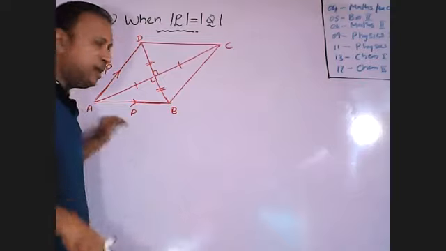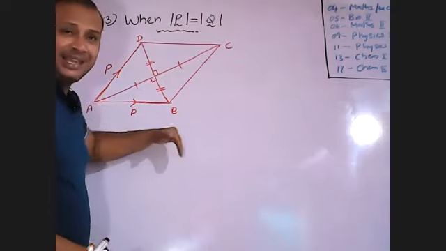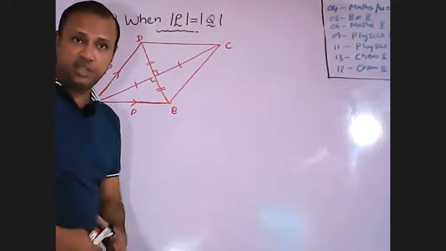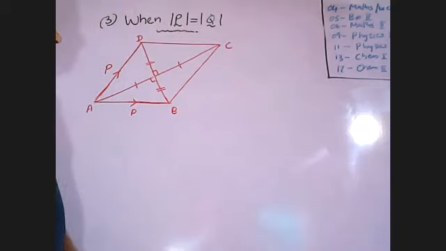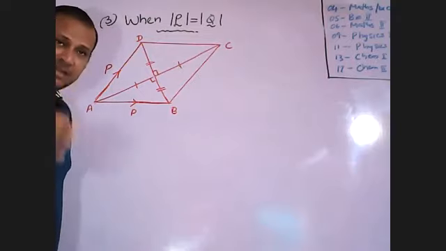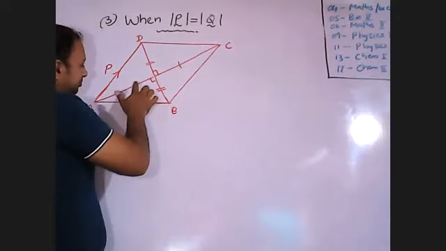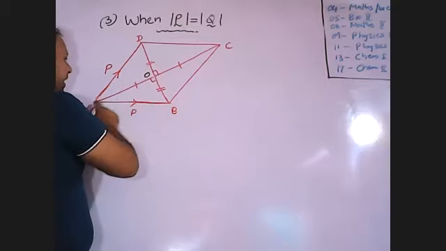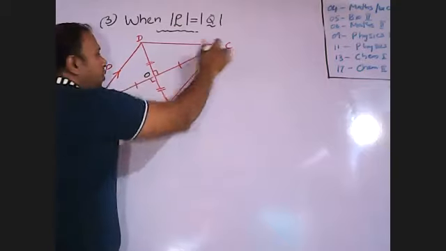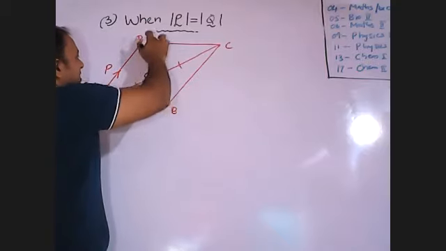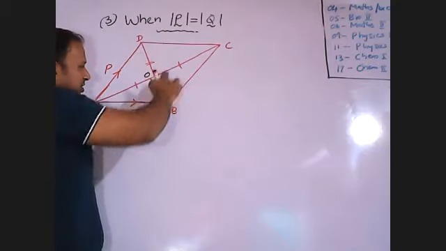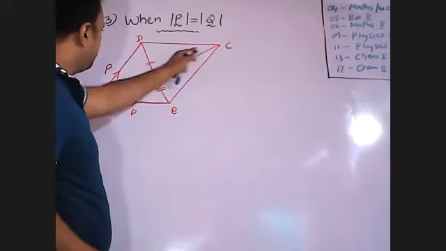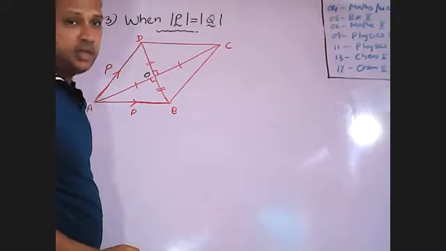If it is a rhombus, both diagonals should perpendicularly bisect each other. If they bisect each other, suppose this is O, AO length is equal to OC length, as well as DO length is equal to OB length, and AC is perpendicular to BD.